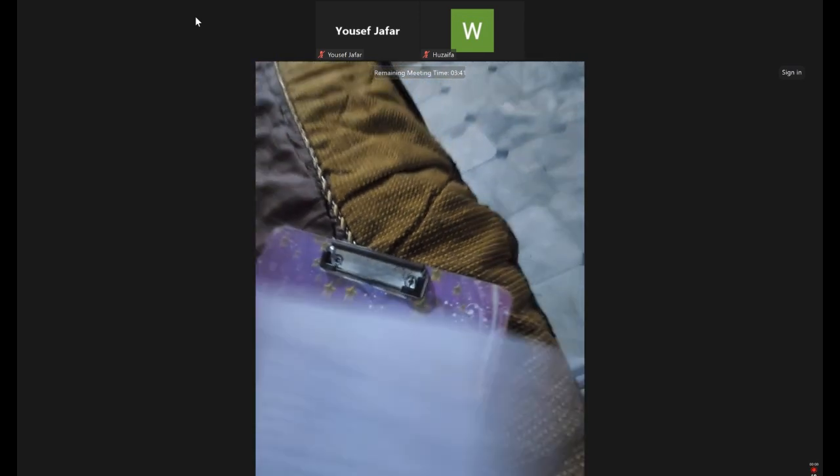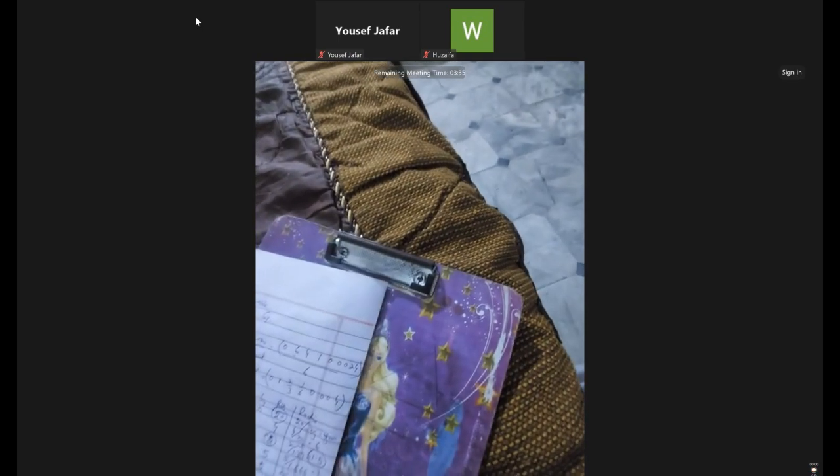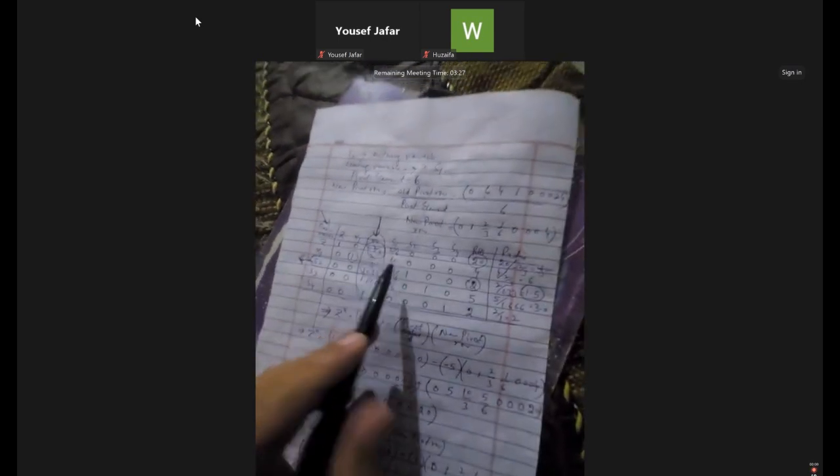The old x1 row over here will be this one: 0, 1, 2 by 3, 1 by 4, 1 by 6, 0, 0, 0, 4.